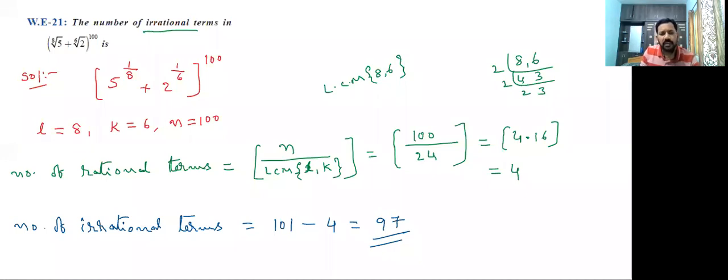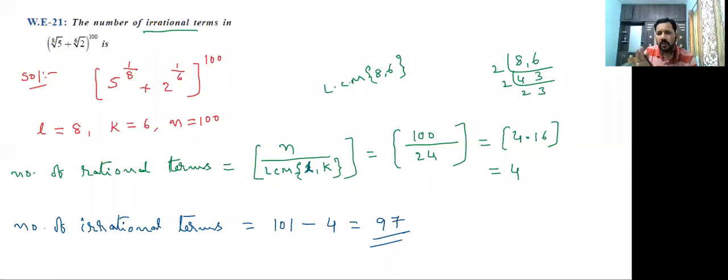Here observe that I have taken floor of n by LCM of l comma k. Why have I not taken plus 1? I have not taken plus 1 because 8 and 6 are not factors of 100. If at least one of them is a factor of 100, then we will take plus 1.